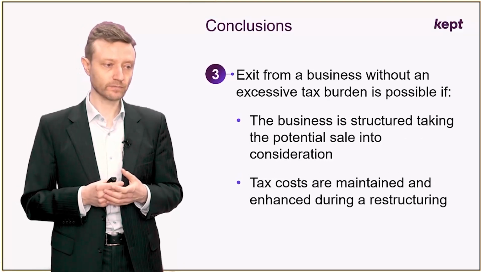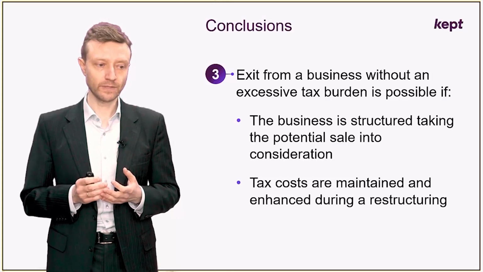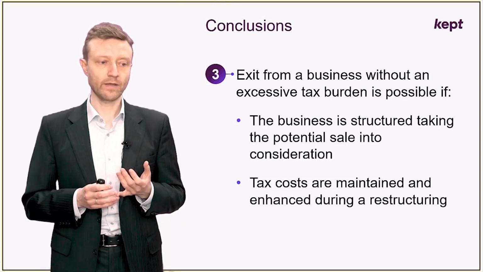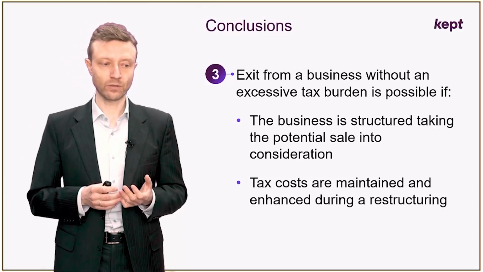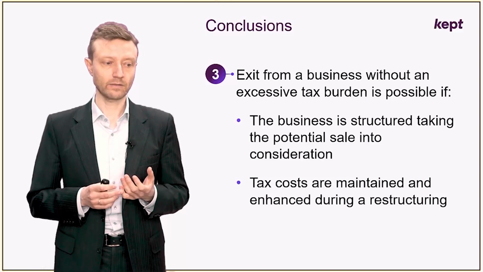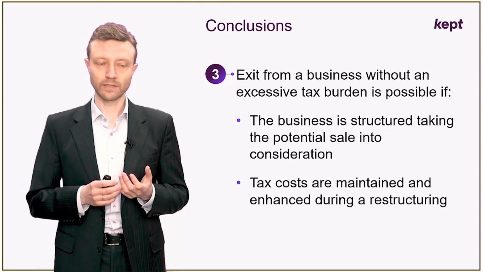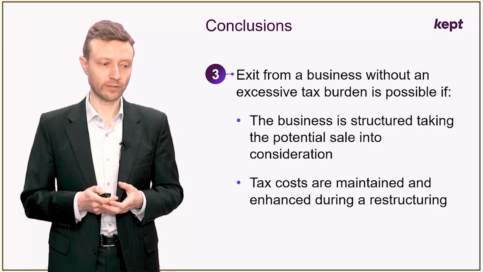The third set of conclusions relates to exit from business. First of all, the business should be structured in a way that takes into consideration a potential sale. And second, tax costs should be maintained and may even be enhanced during restructuring.